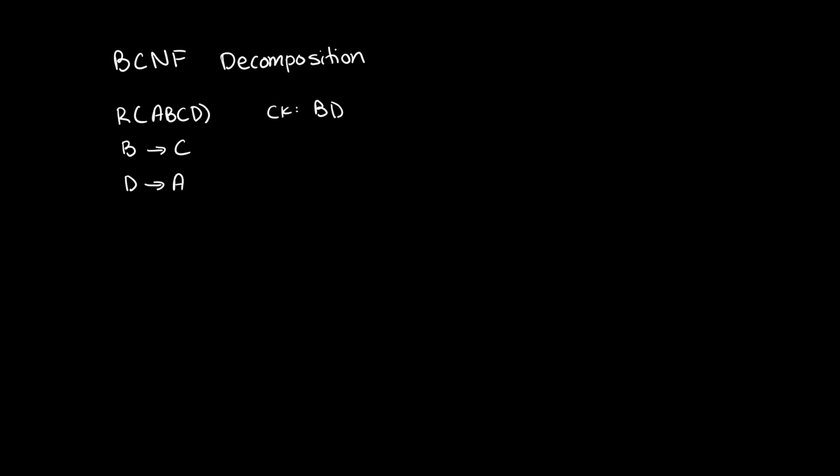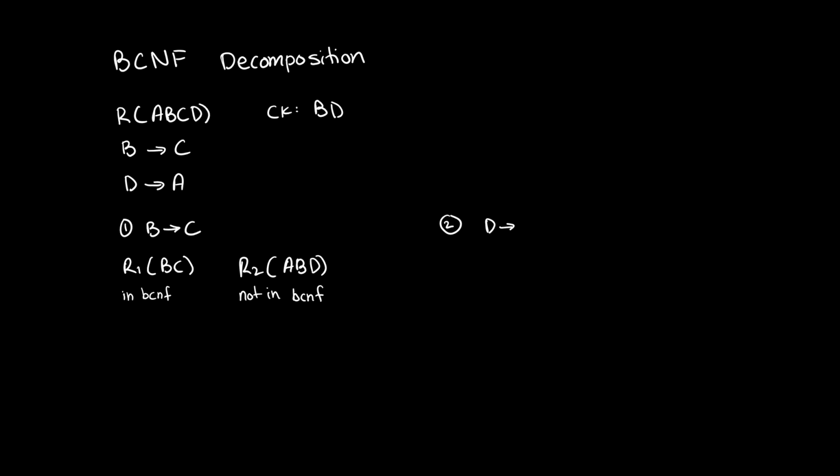In the next example, we see that both functional dependencies violate BCNF. Starting with B to C, we decompose into BC and ABD. But ABD is not in BCNF. We need to decompose further. So looking at the other violating functional dependency, we apply the same procedure.